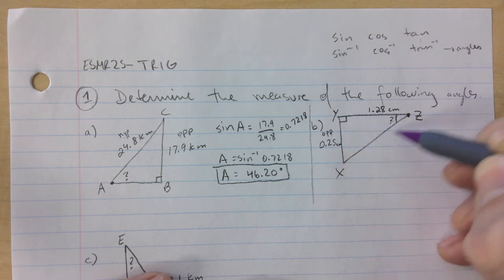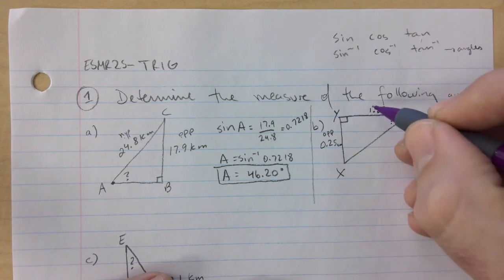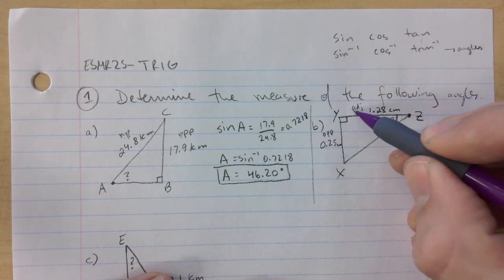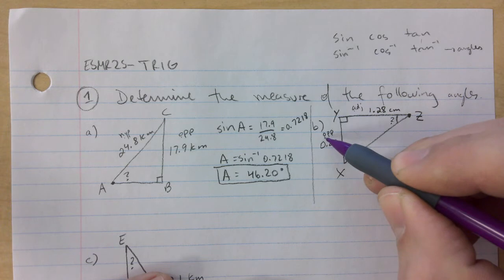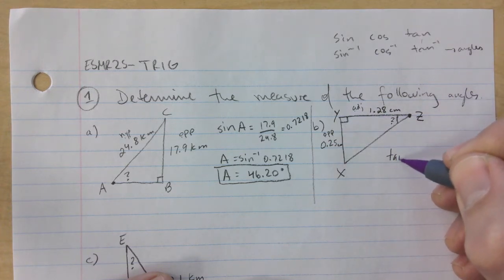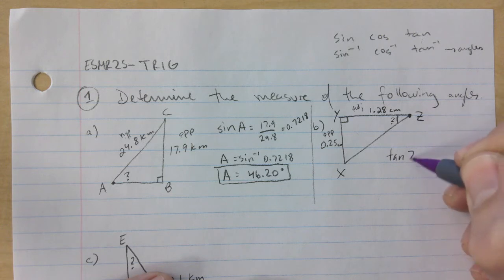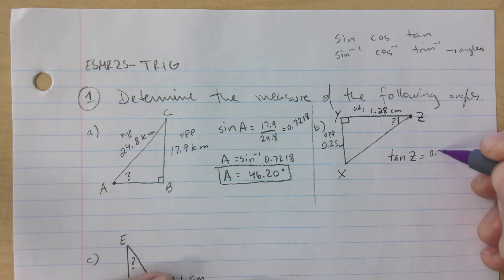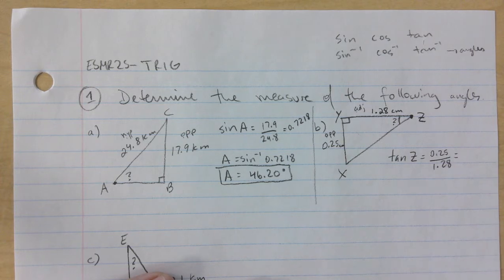This would be the hypotenuse here, but I don't care about it, so I'll label the adjacent. So it's O and A. That'd be TOA, right? TOA. So I have to use tan of Z is equal to opposite over adjacent.